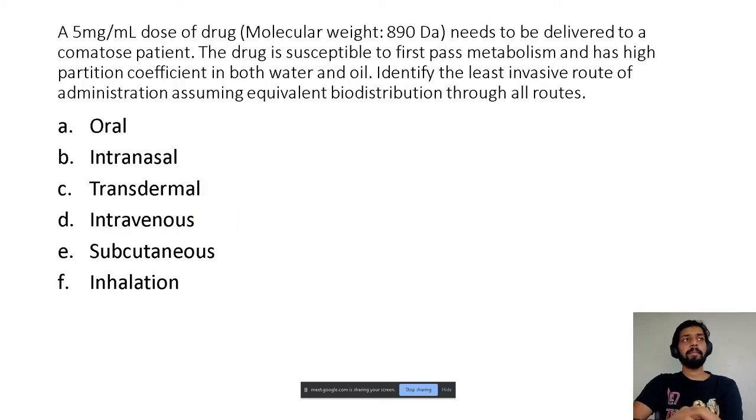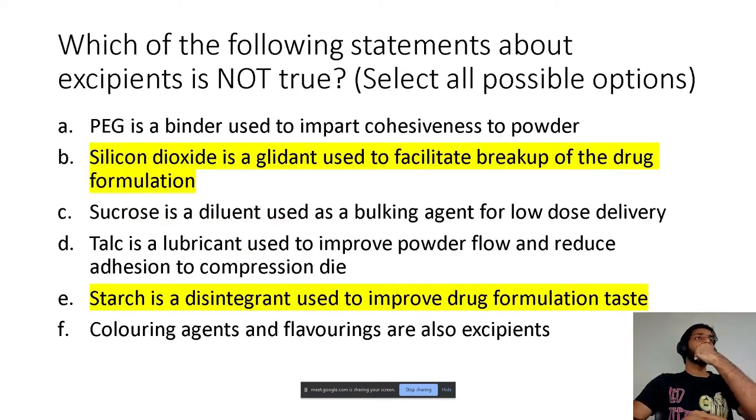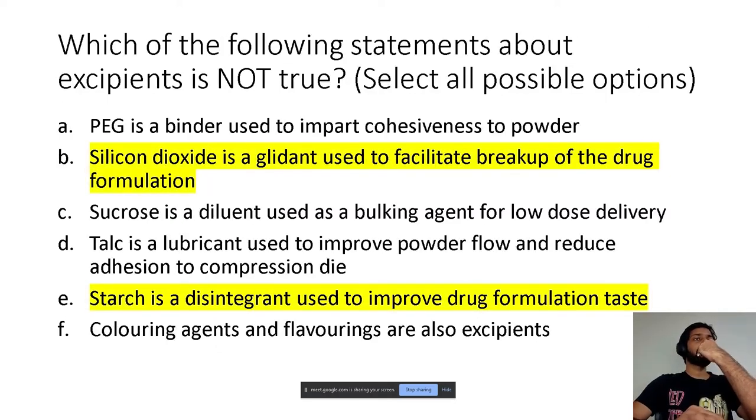Sir, in the previous question, starch is a disintegrant. Sucrose is a diluent used as a bulking agent for low dose delivery. Can you elaborate on this? Because for sucrose, we mainly use lactose and DCP.